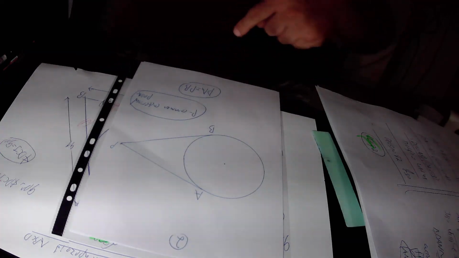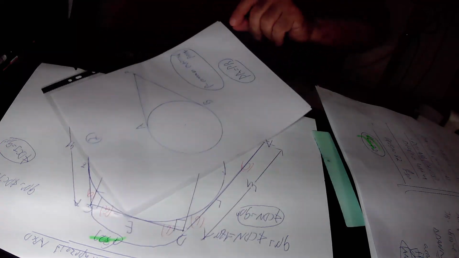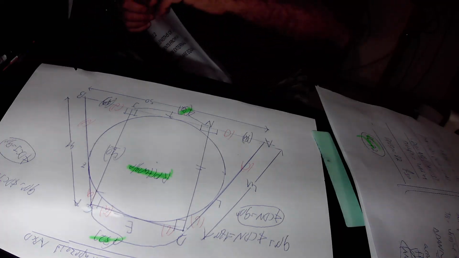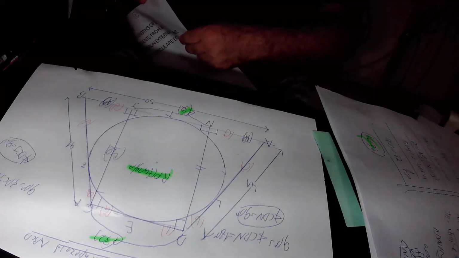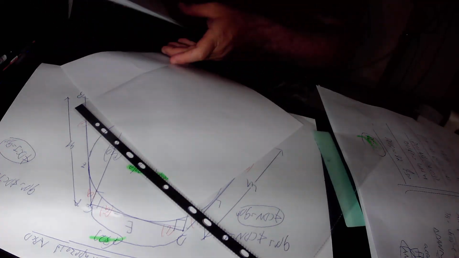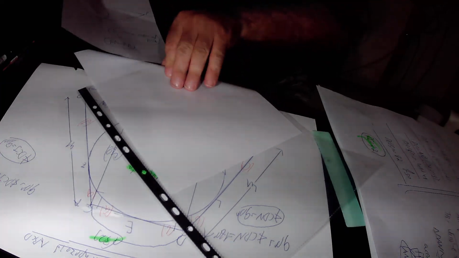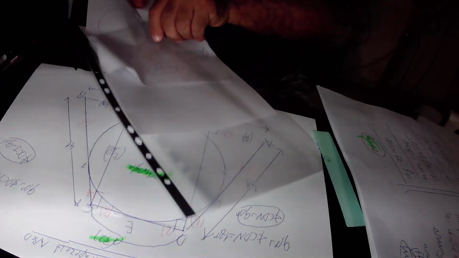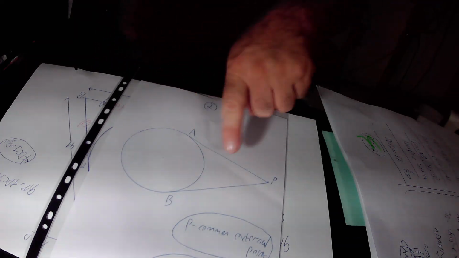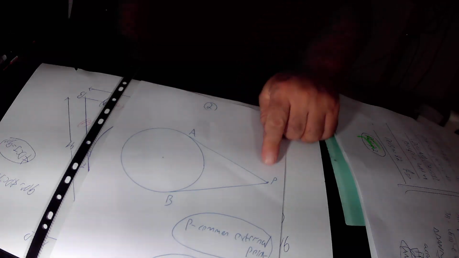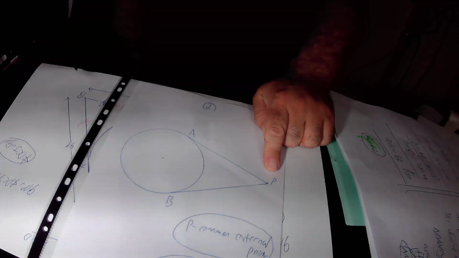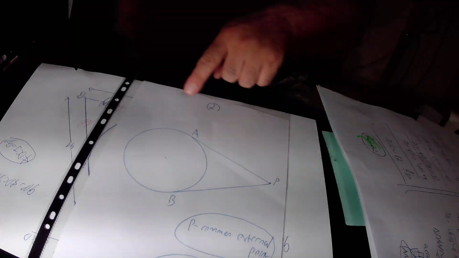So, in the drawing, we have a circle. This is the common standpoint point P. From this common standpoint point P, we have two tangents to this small circle, tangent PA and tangent PB.